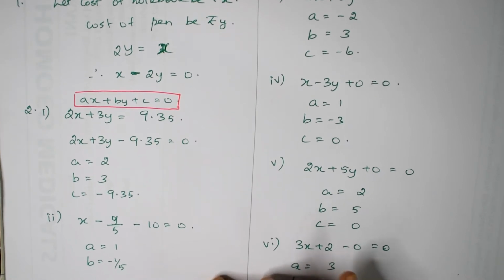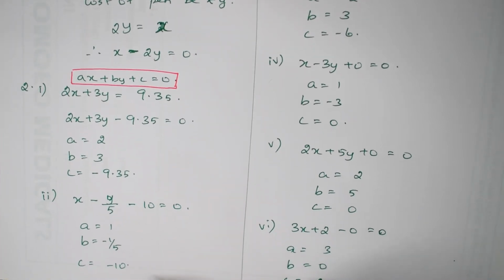Then going to the second question, x minus y by 5 minus 10 is equal to 0. Here everything is in order. They have already brought the constant to the left hand side. So we have to just write the values of a, b and c. So a's value is 1, b's value is minus 1 by 5, and c's value is minus 10.